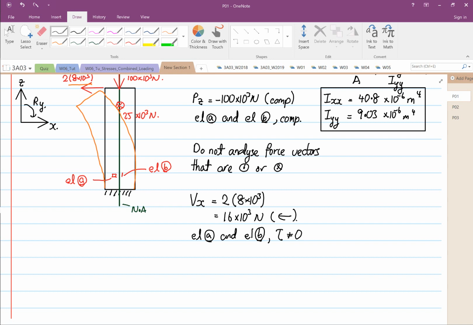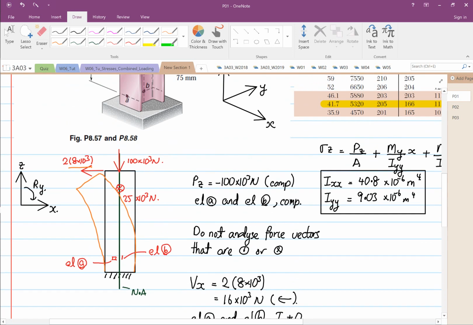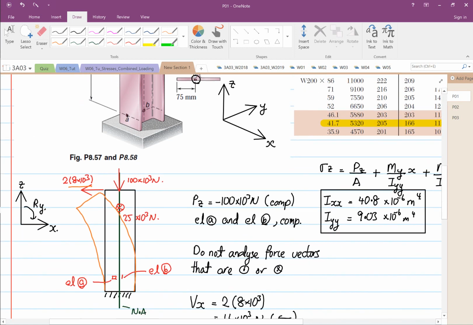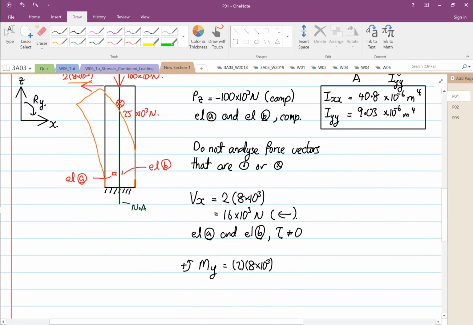I'm going to declare anti-clockwise going this way as positive. So the moment about y will be equal to twice 8 times 10 to the power 3, and the height to element A is 0.6, so 0.5 plus 0.1 is 0.6.